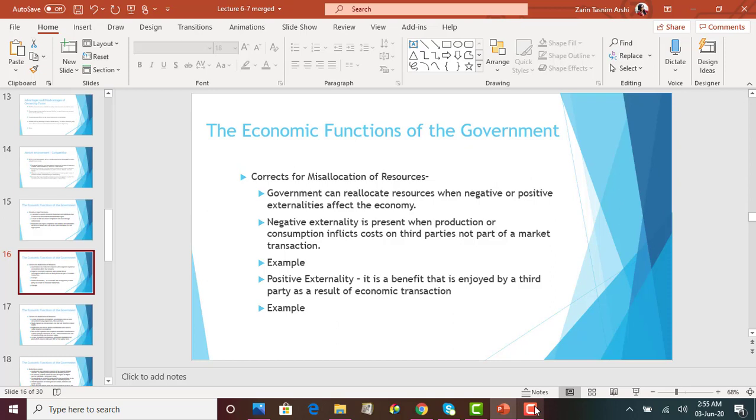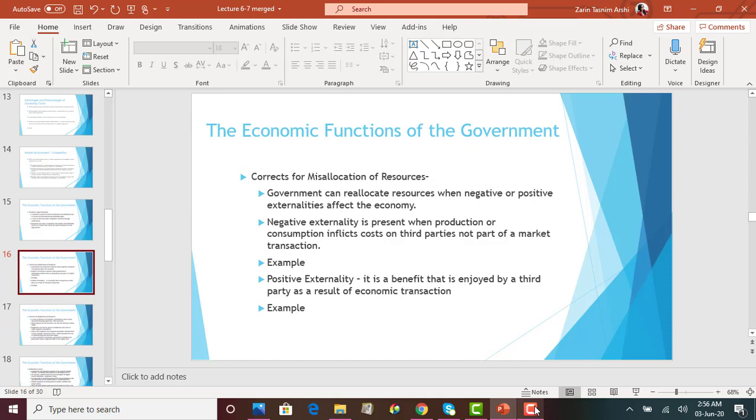So it is present when production or consumption inflicts cost on third parties not part of a market transaction. Let's say I'm buying a good from Tom and I'm paying him, but because of that transaction it is inflicting cost on other third parties who are not even part of this transaction. So that's negative externality.